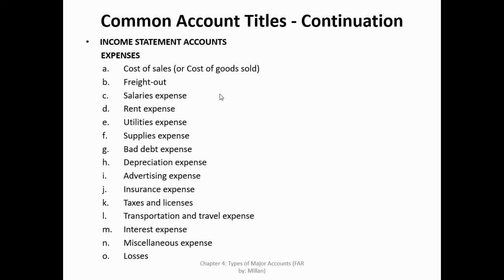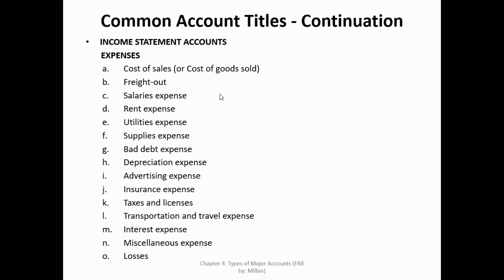Another one is losses. So, these are the expenses which may or may not arise from the ordinary course of business. So, pwedeng sale of assets, gaya nung example natin sa beach umbrella na binenta niya ng 1,600 kahit 2,000 lang yung value niya. So, may loss siya na 400. Ano pa?